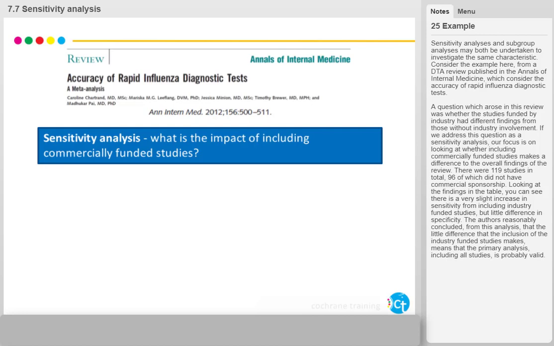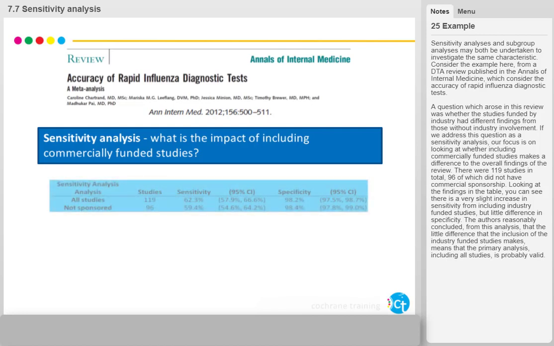If we address this question as a sensitivity analysis, our focus is on looking whether including commercially funded studies makes a difference to the overall findings of the review. There were 119 studies in total, 96 of which did not have commercial sponsorship.